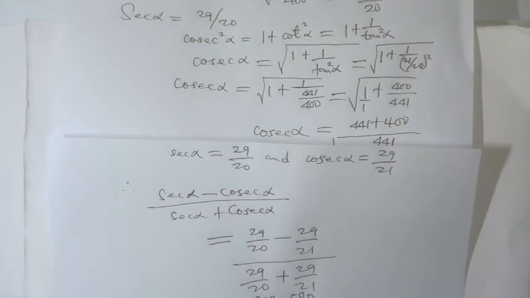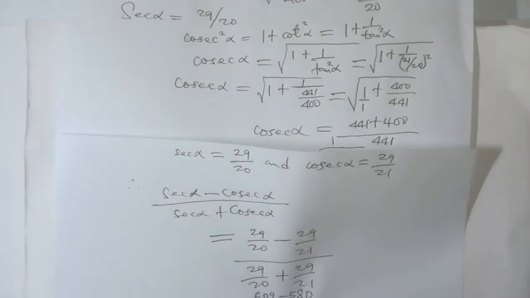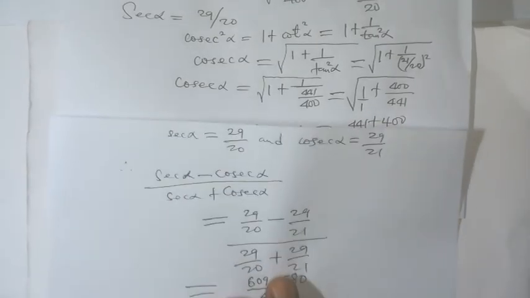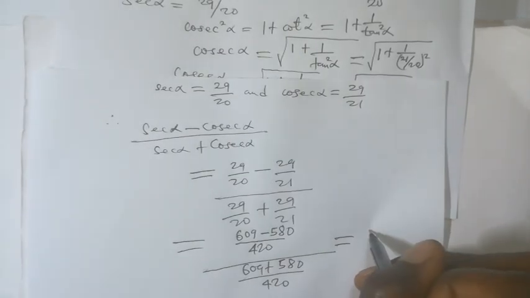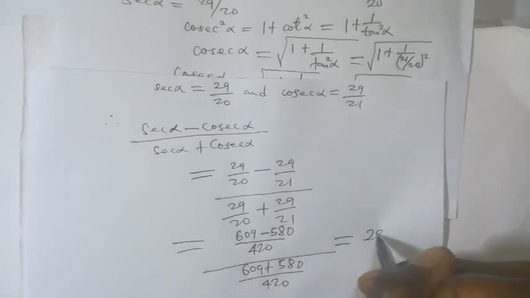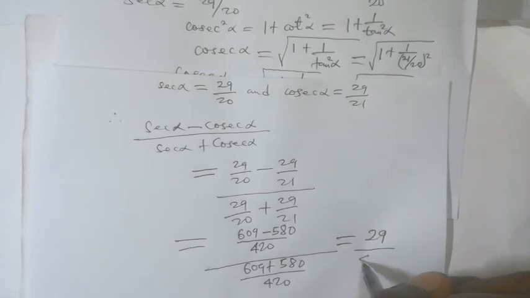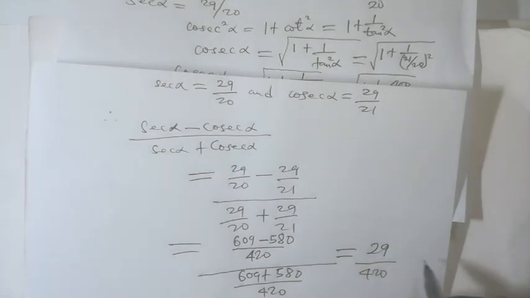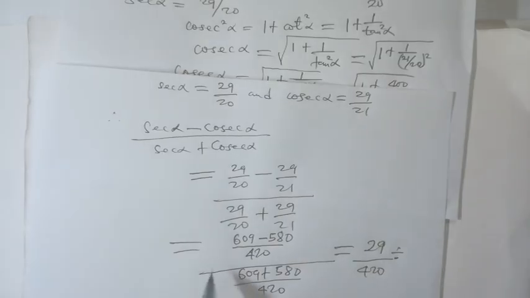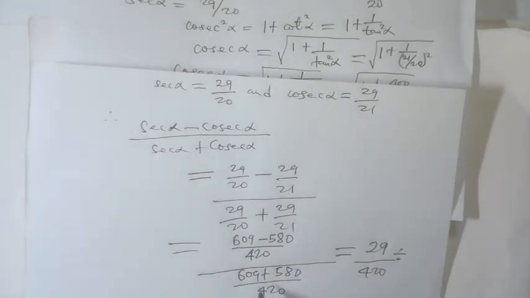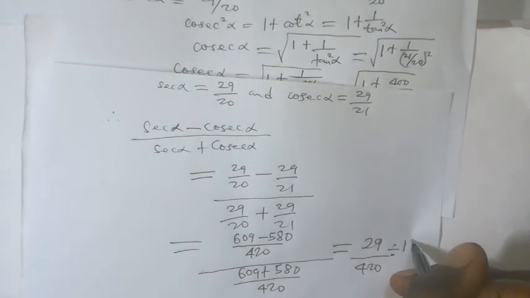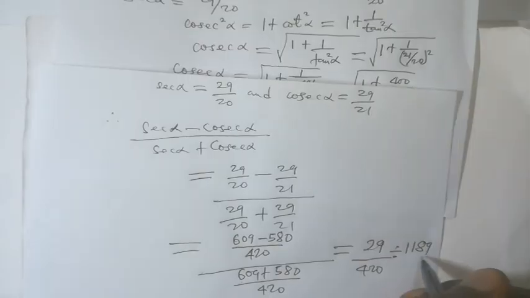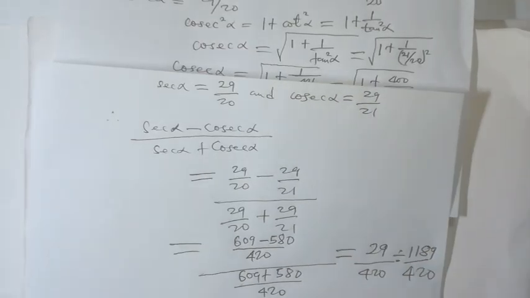So 609 minus 580 gives you 29 over 420, and 609 plus 580 gives 1189 over 420.